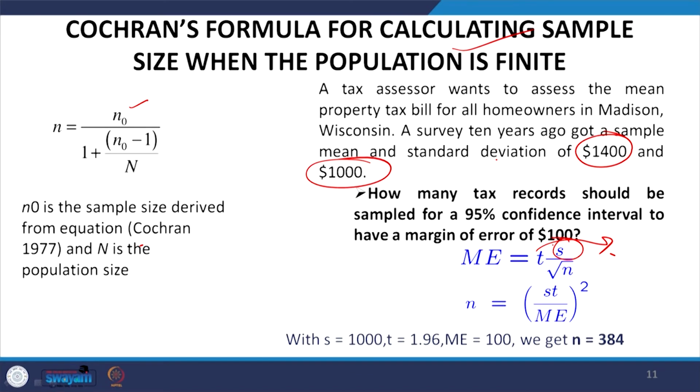Sigma would have been written if it were a Z distribution. So n is equal to (s times t divided by the margin of error) whole square.